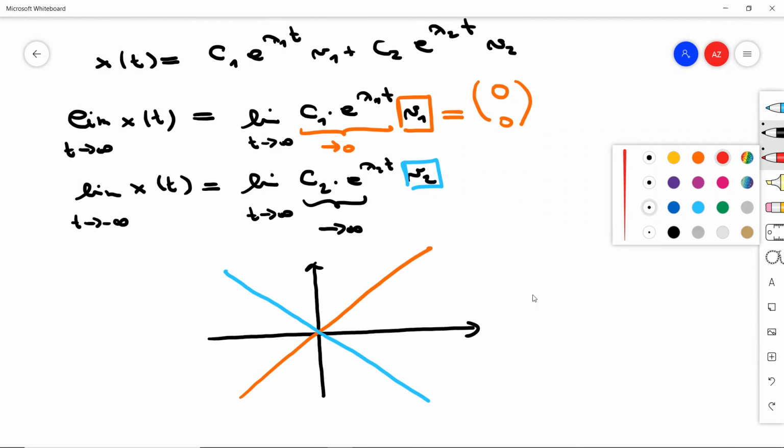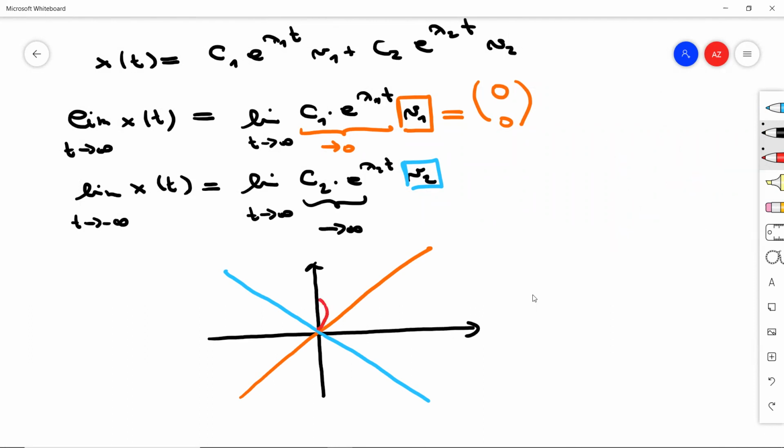So it will be like that. The direction of travel will be in the opposite direction as before. And so on. Like that, and like that.